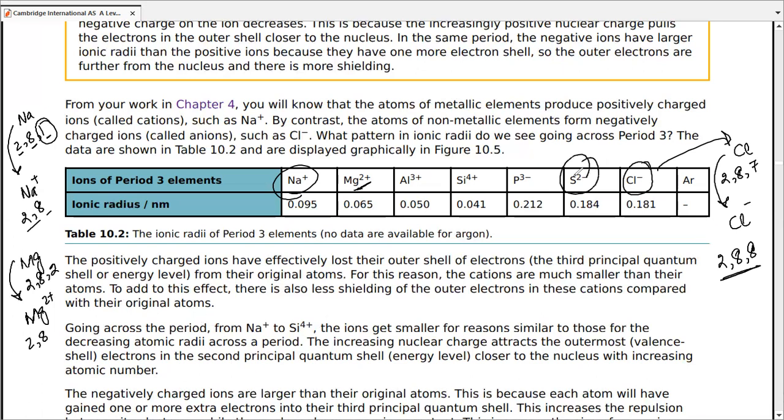Now, if I consider sulfide ion, the sulfur has 2,8,6. It becomes sulfide by gaining 2 electrons. So sulfide in that case will have 2,8,8.